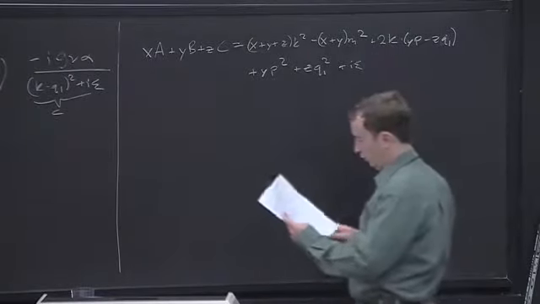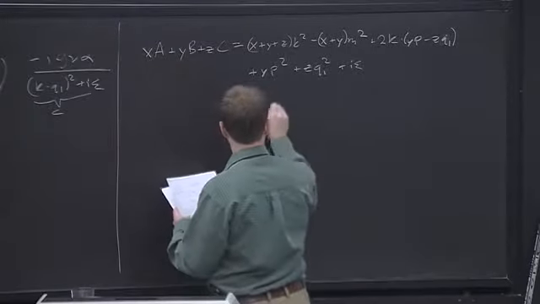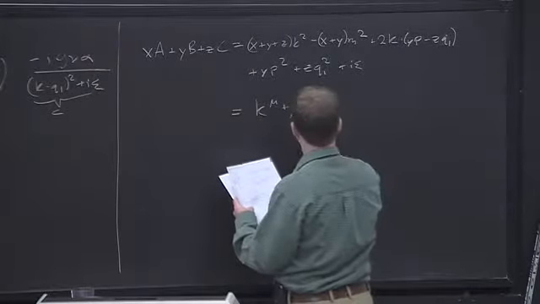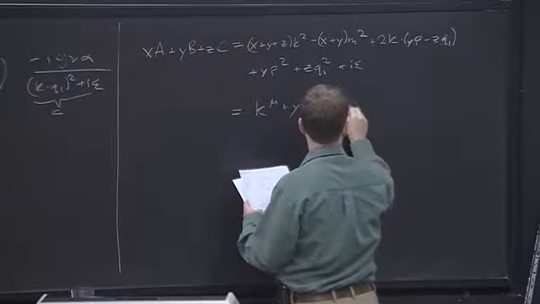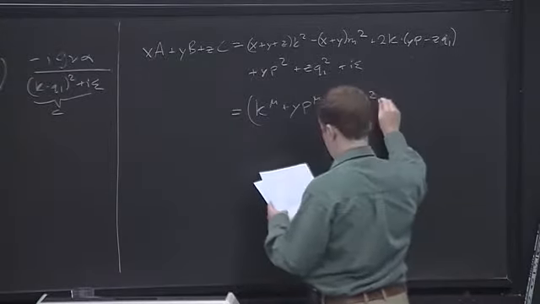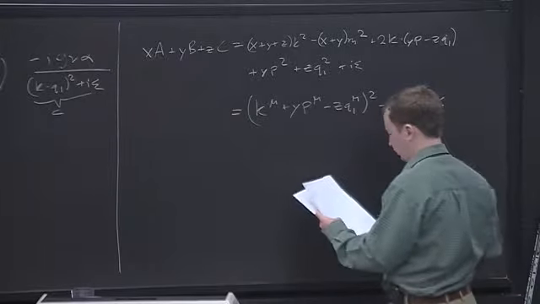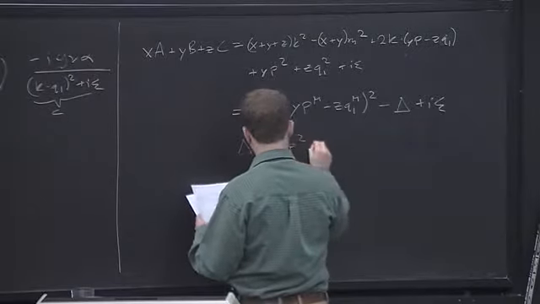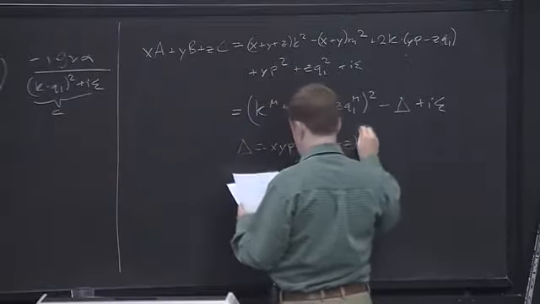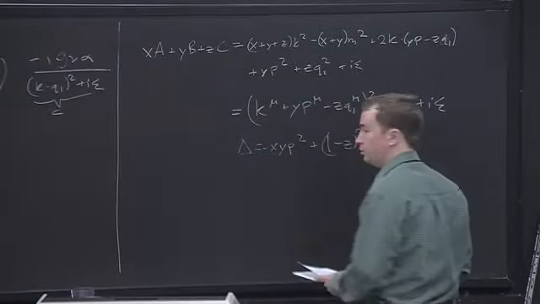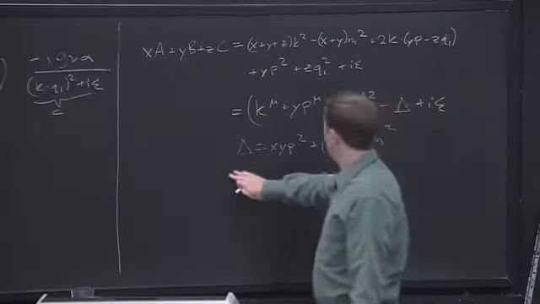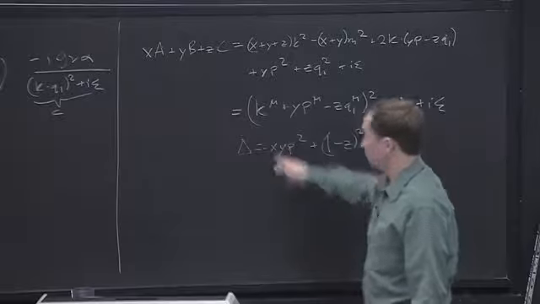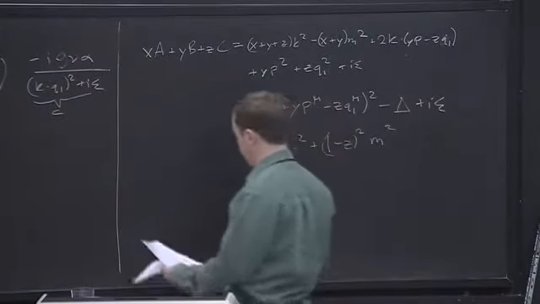So if we complete the square, what we get is (k^μ plus y p^μ minus z q1^μ) squared minus something I've called delta, which if you work it out, is just minus xy p squared plus (1 minus z) squared m squared. Now that we've written the denominator in this form, we can perform a shift so that we can go to polar coordinates.